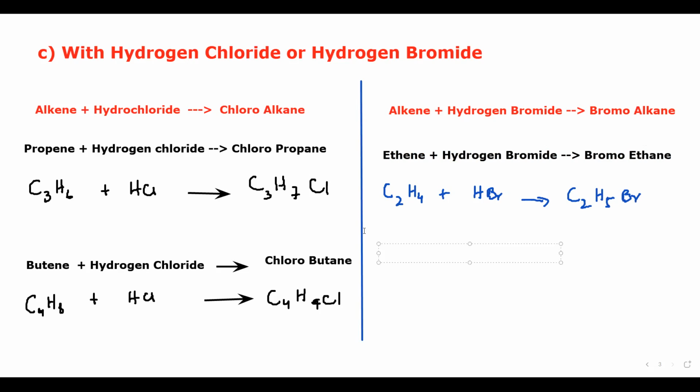And same thing if we have propene plus hydrogen bromide, the result will be bromopropane.